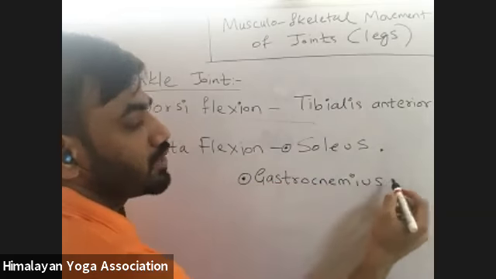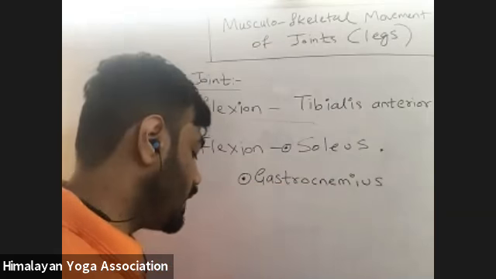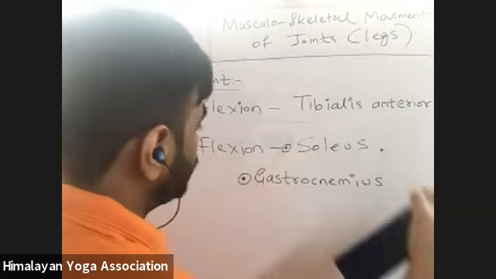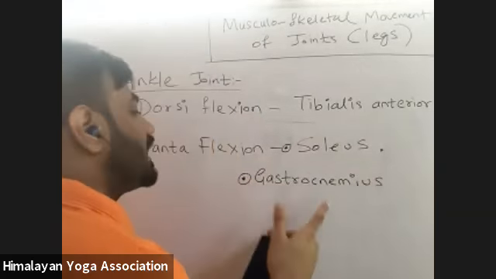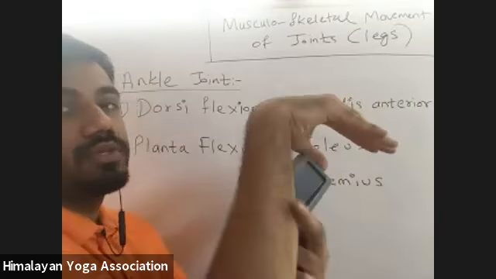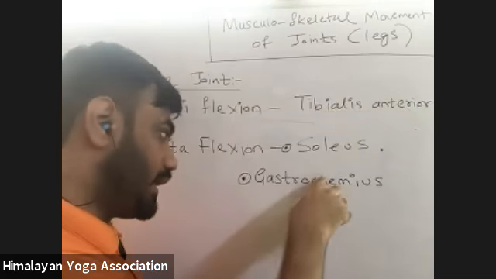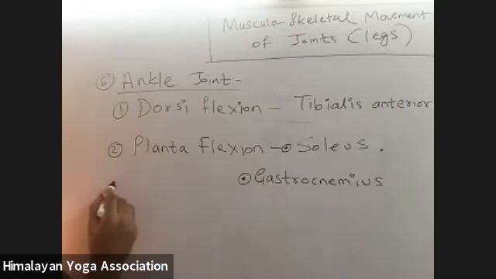The gastrocnemius, two big muscles on our calf at the back, and the soleus muscle as well, next to the gastrocnemius at the side, will be helpful for the plantar flexion. These two muscles at the back, gastrocnemius, will be getting engaged along with soleus.